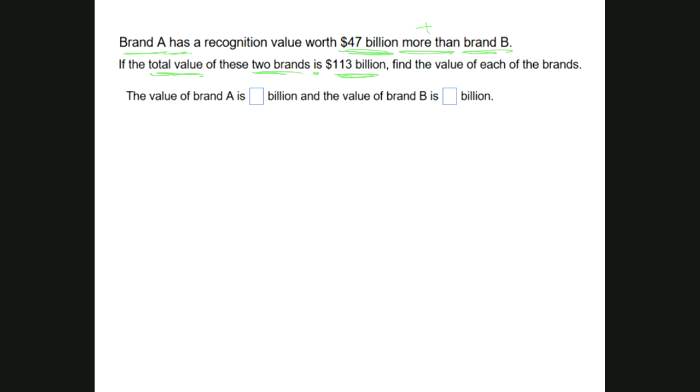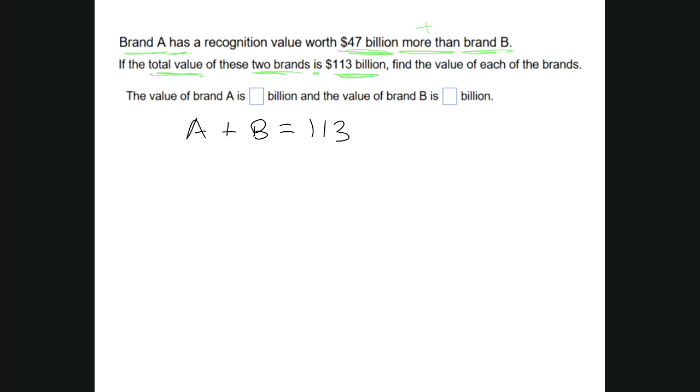So using this information, I'm going to slowly set up an equation so that I can solve this. So my understanding is brand A plus brand B has a total worth of $113 billion. Now we don't need to write all the zeros with the billions because you can see from the insertion of the answer, the billion is already listed on there.